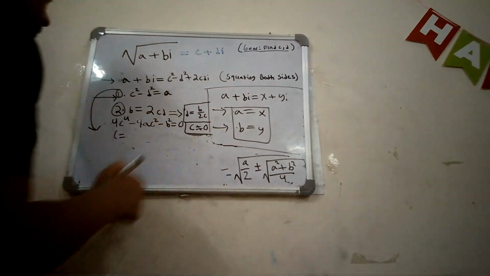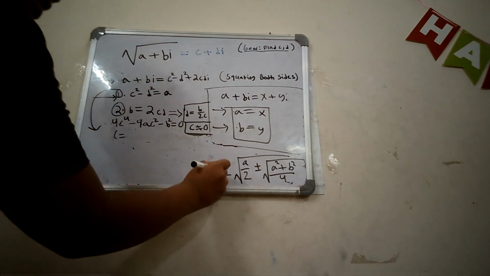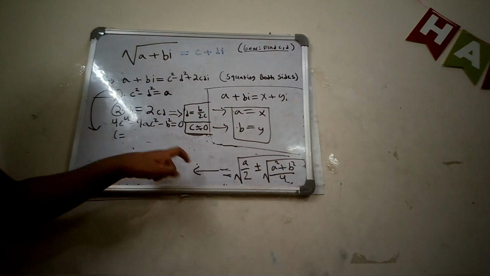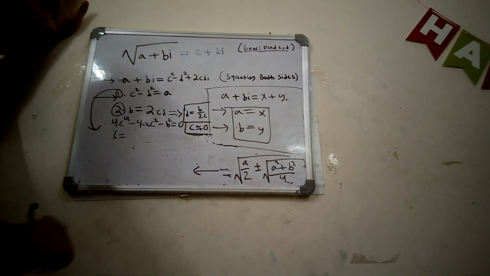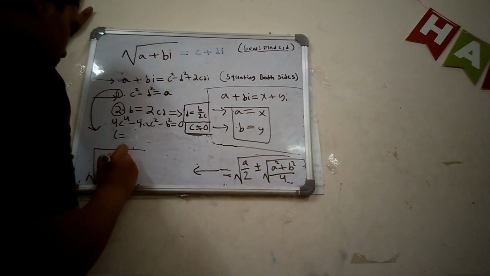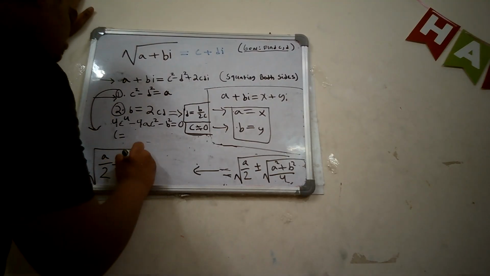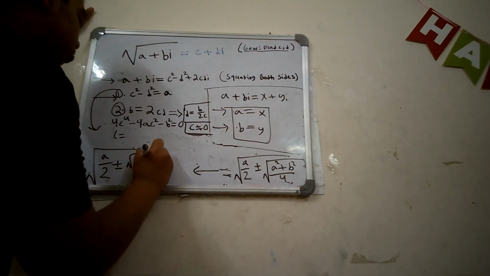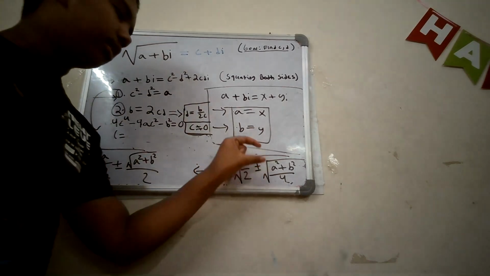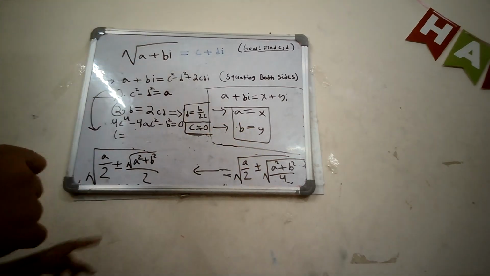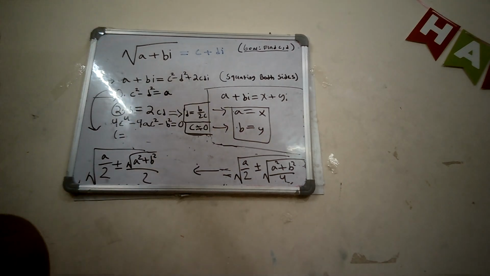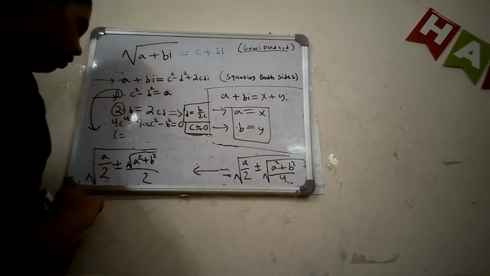Look, see what's inside here? I can write this as the square root of a upon 2 plus or minus the square root of a squared plus b squared upon 2. Why? Because I'm taking the square root of the numerator and denominator. The principal square root of 4 is 2. Okay? So this is what we get.